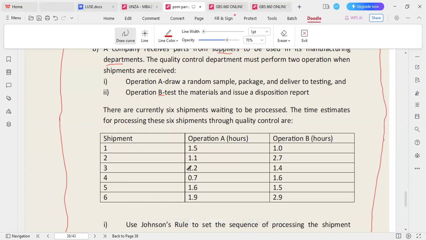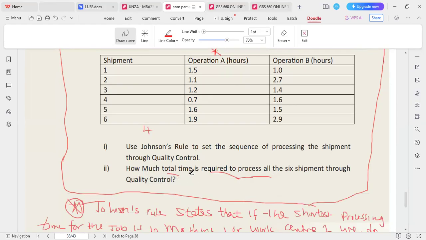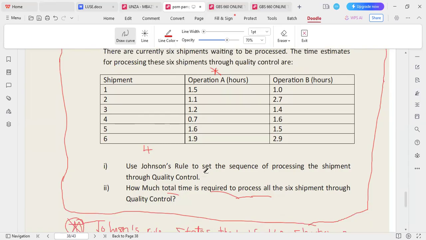Since 0.7 is in operation A, we are going to do job 4, or shipment 4, first. So shipment 4 will be done first, because it's in operation 1 or A. So we know that this one will be worked on first.